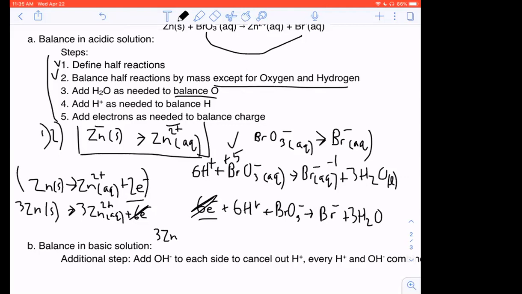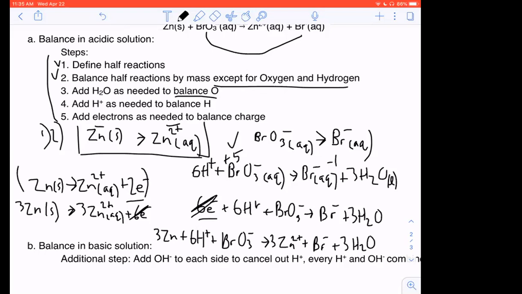So we have 3 zincs plus 6 H plus plus BrO3 minus. So that's everything on the reactants of those two reactions, gives you 3 zinc 2 plus, Br minus plus 3 H2O. And so the answer to the question I asked then would have been 3, because you formed 3 waters here.